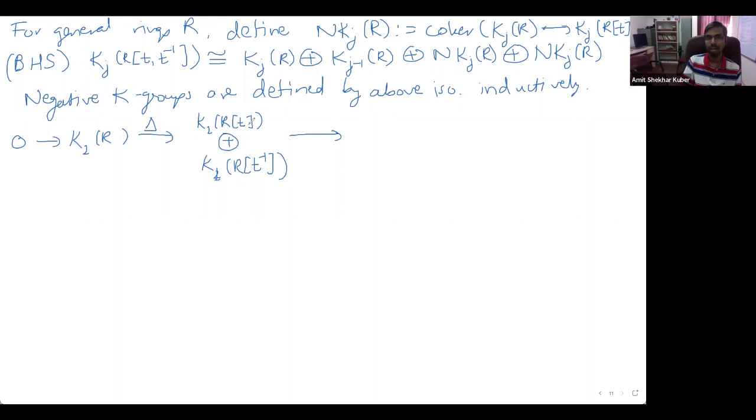Obviously, you can embed it inside both the rings and then take the corresponding maps. Then this is the plus-minus map, to K1 of R[T, T inverse]. But this sequence is not exact. So you further need a co-kernel of this, and that is K0 of R, and then to 0. And moreover, whatever this map is, it splits. So here it is a split embedding. K0 of R splits inside this.